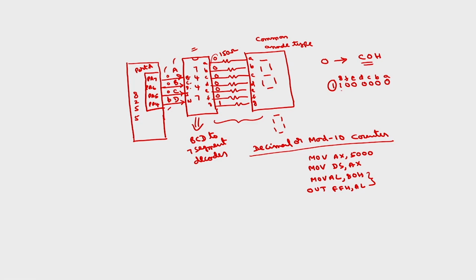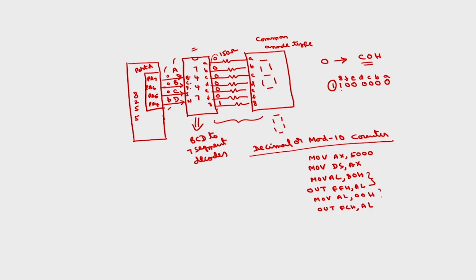Now, we have to display 0 0 0 0 on 7447, then 0 1, 0 2 and so on. So, I am taking MOV AL comma 00H, OUT port A address FCH comma AL.